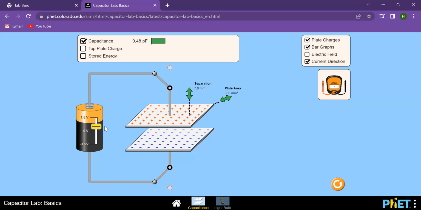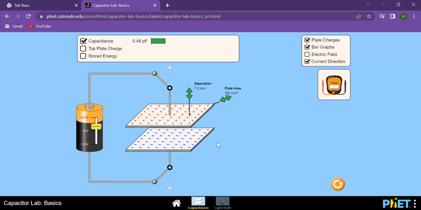So we may say that the less the distance between the two plates, the greater the capacitance, or the capacitance of a capacitor is inversely proportional to the distance between both plates.